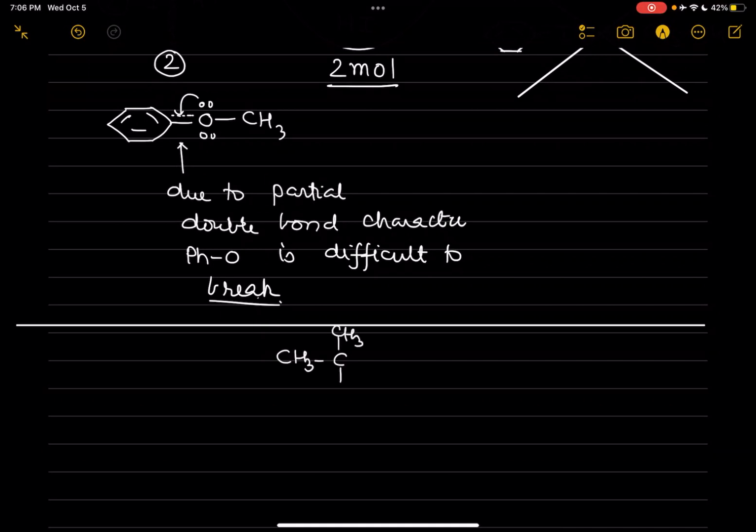And this is a bit more difficult, difficult with respect to both cases which we discussed above.